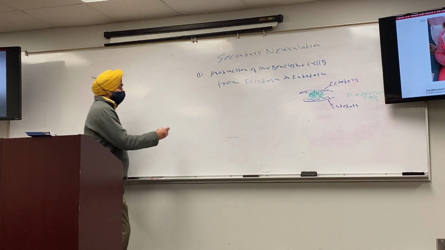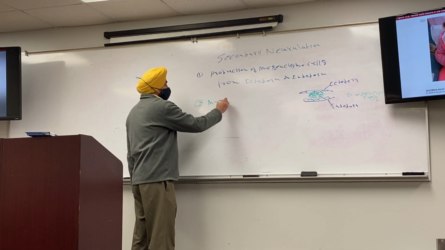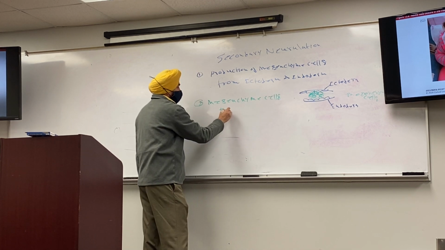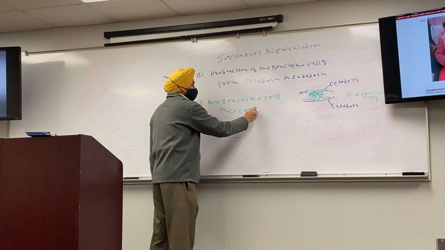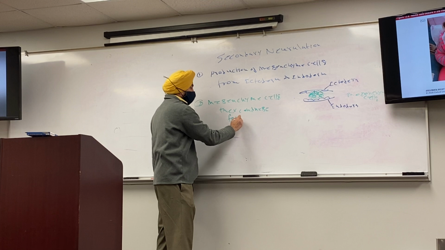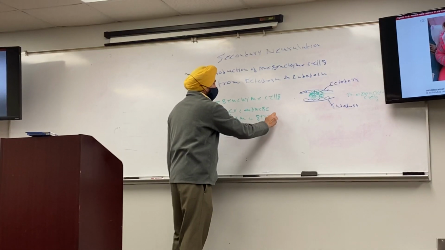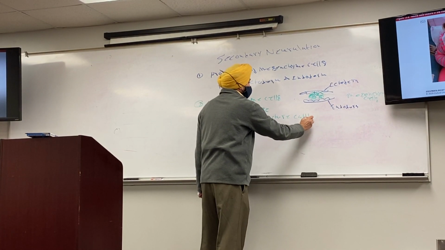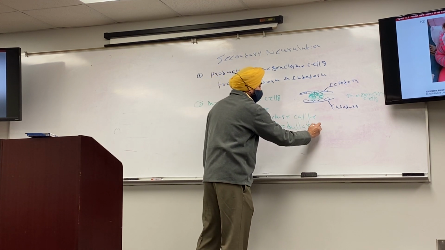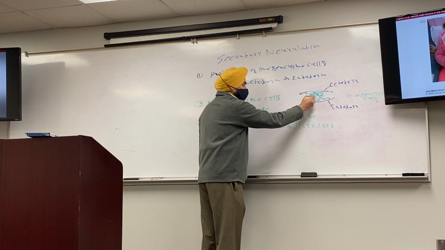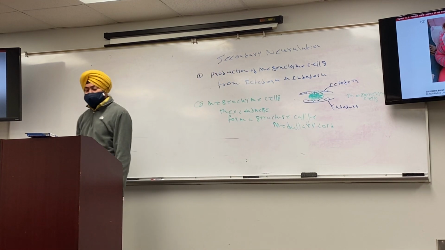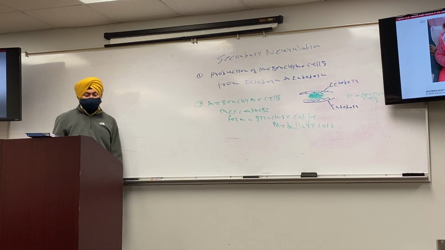Okay? Then what happened? The mesenchyme cells condense, and they form a structure called the medullary cord. So they are basically condensing like this. Now what happened?